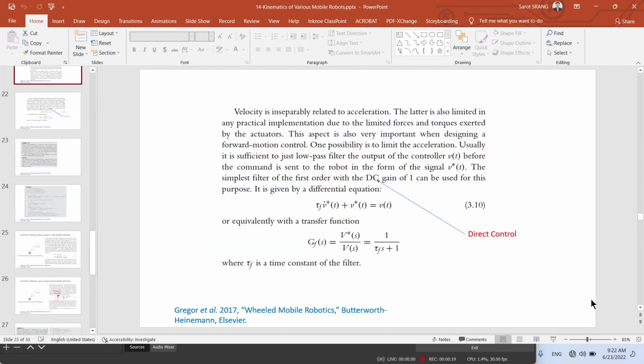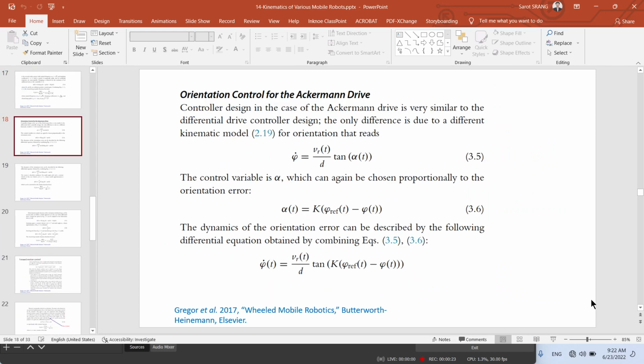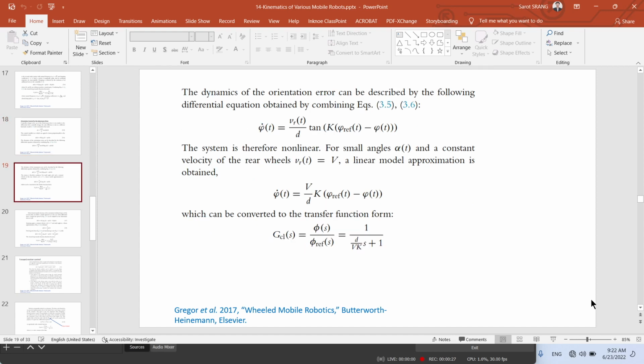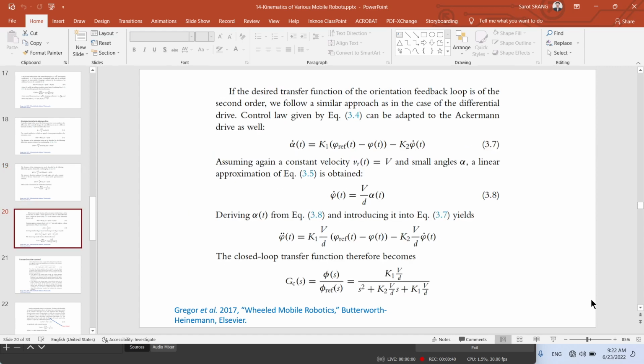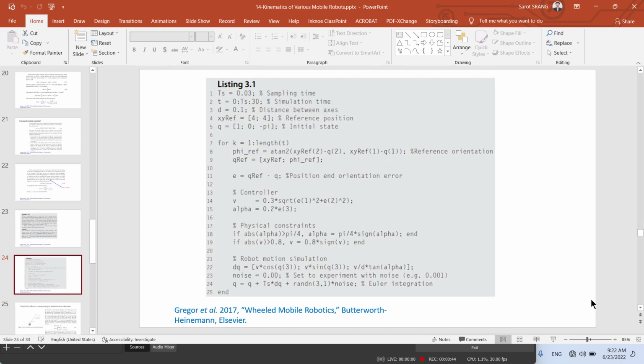Before, I introduced a control method like orientation control for different robots, but here it was mostly illustrated using a differential drive wheel robot.